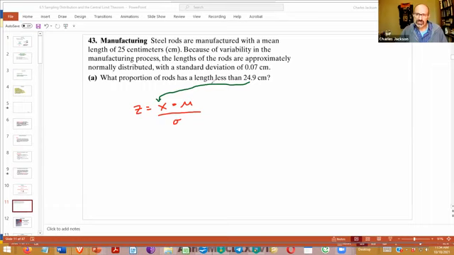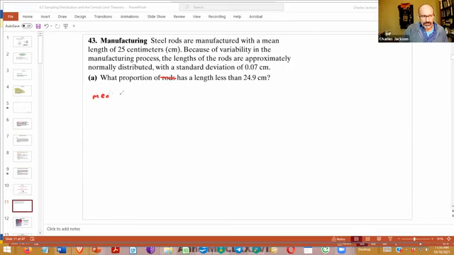We're going to change the question to: what proportion of means of samples, say n equals 30, of rods have length, well, the rest will be the same.